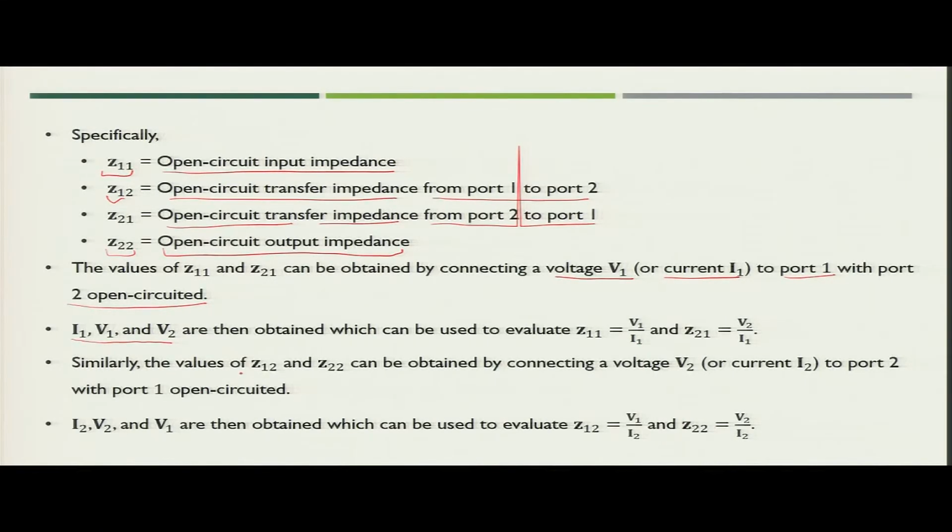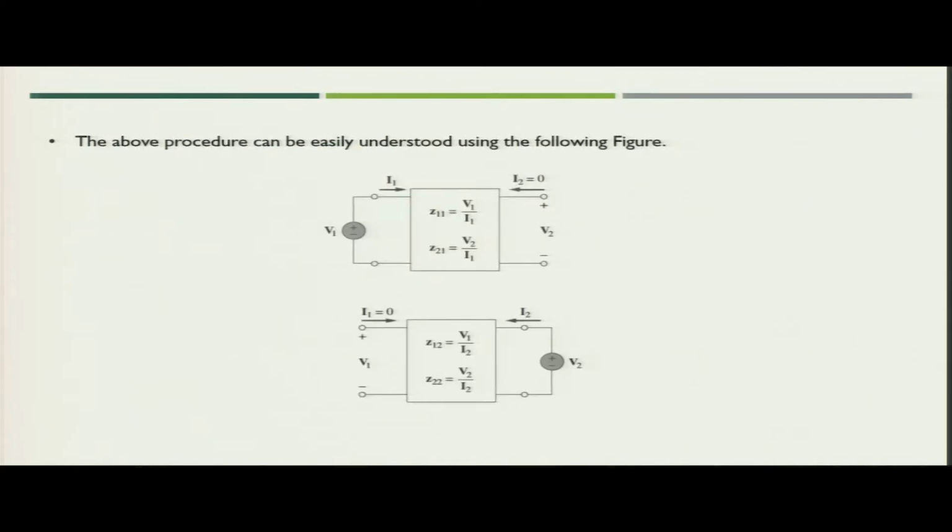Similarly, to find Z12 and Z22, you will connect voltage V2 or current I2 to port 2 and keep port 1 open circuited. Then you will find the values of I2, V2 and V1, and based on these values you can calculate Z12 as V1 upon I2 and Z22 as V2 upon I2.